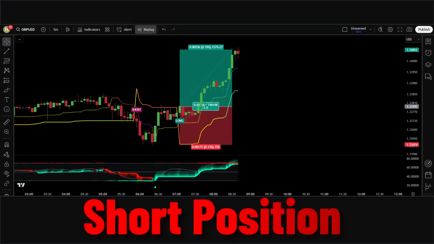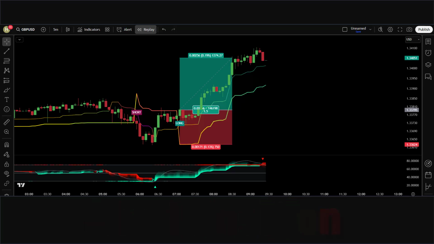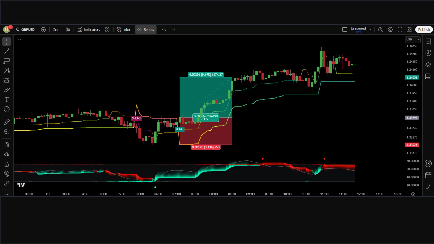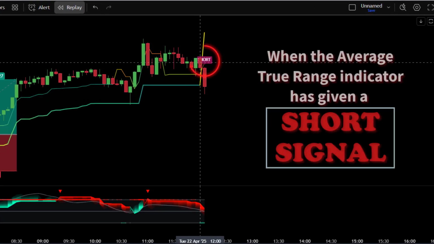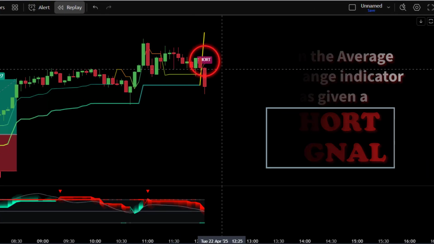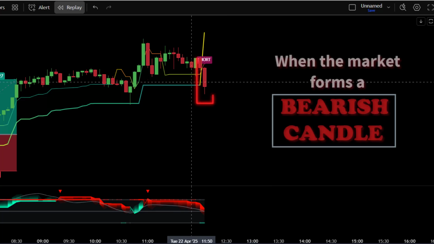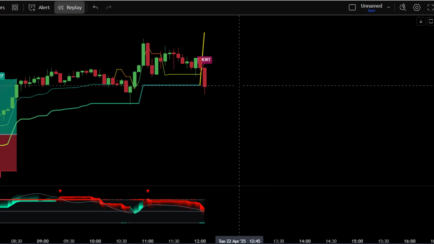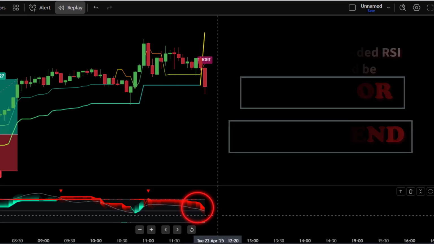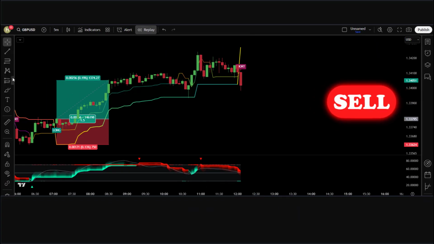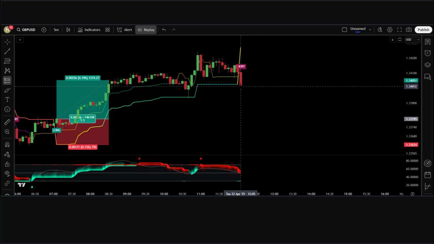Now let us understand the short position. When the Average True Range indicator has given a short signal, when the market has formed a bearish candle, and when the Supertrend RSI indicator is red color and downtrend, if this condition is fulfilled, then we will place a sell order.